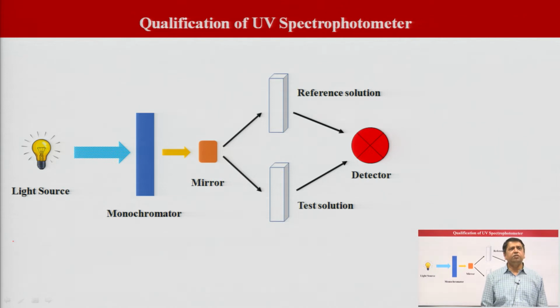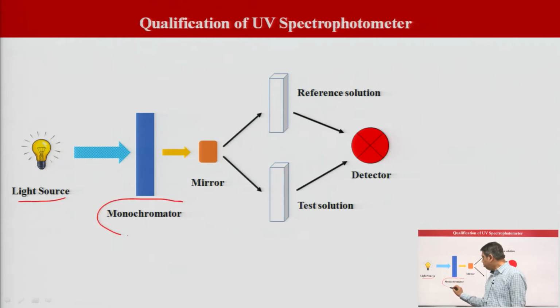Here in this diagram you can easily understand the basic working principle of the UV spectrophotometer. There is a light source, and this light goes through a monochromator. Now, the question arises, what is this monochromator?